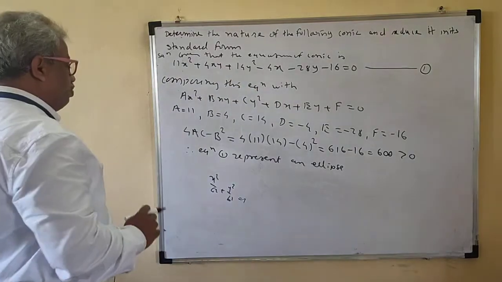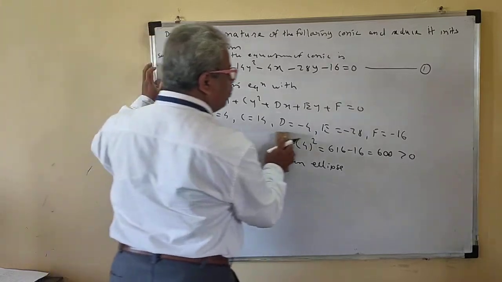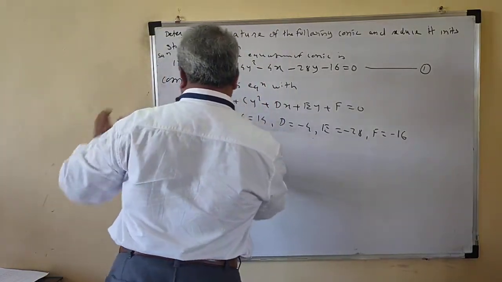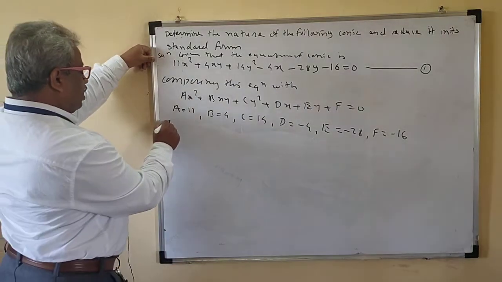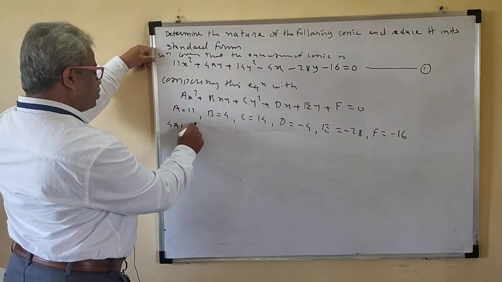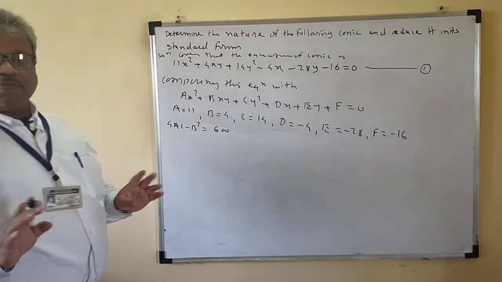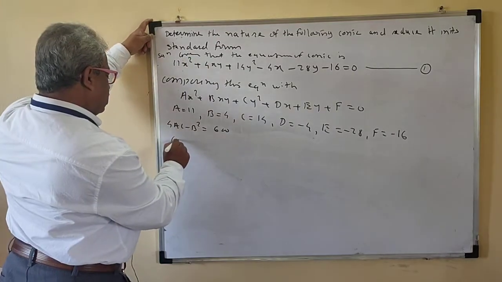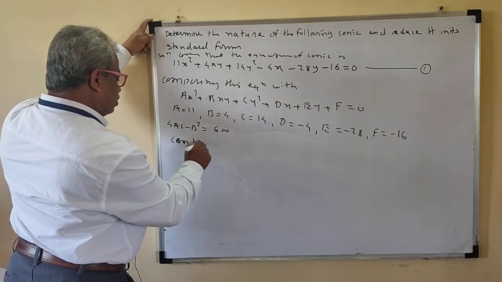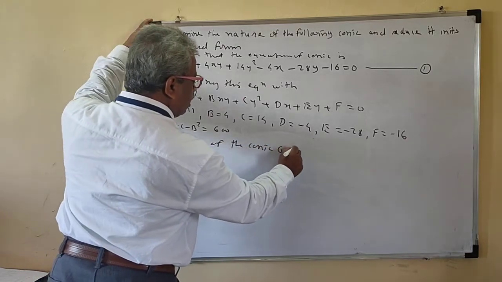So we write the value of 4ac minus b square, which is just 600. If it is an ellipse or a hyperbola, then first find the center of the conic. The center of the conic 1 is given by a formula.